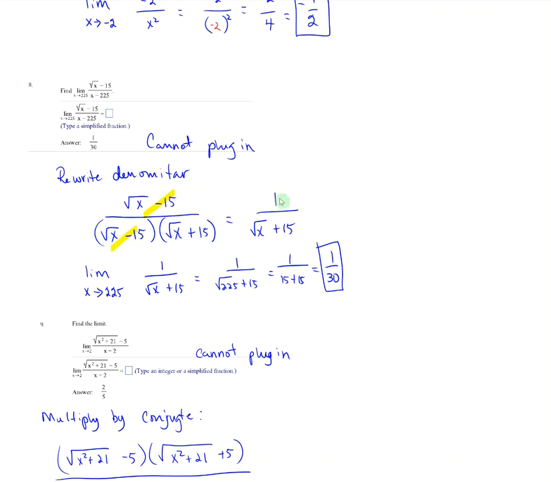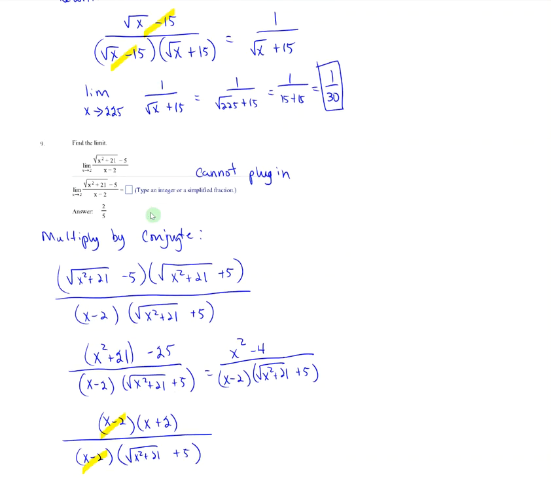Now I'm left with 1 over the square root of x plus 15. If I plug in 225 now, I've got the square root of 225, which is 15, plus 15, so I've got 1 over 30. Again, because you think maybe 15 is the square root of 225, so what can I do? And we rewrote the denominator.